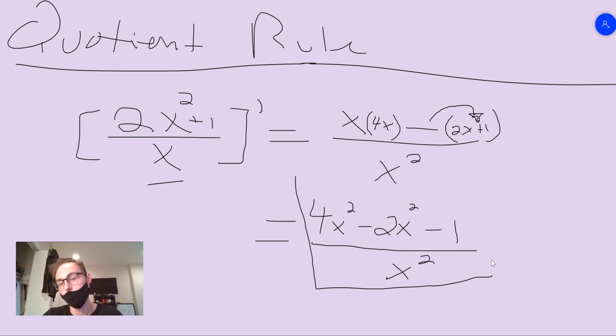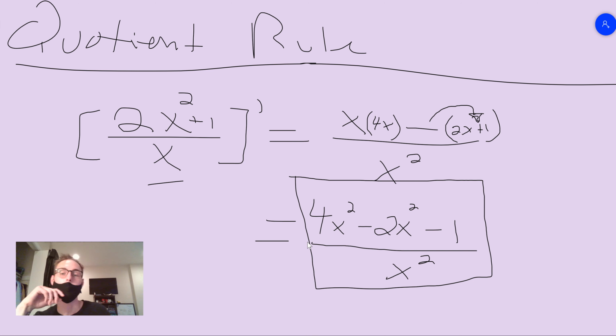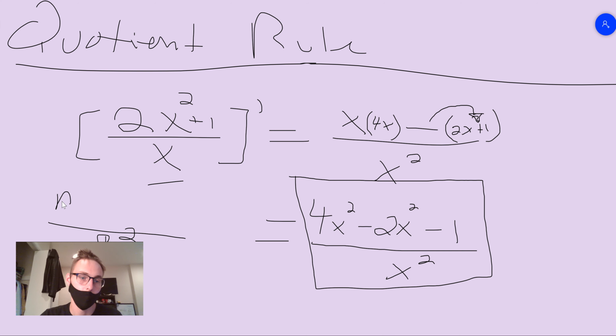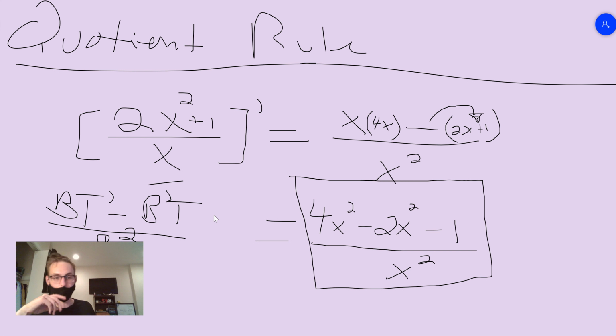This is your solution: 4x squared minus 2x squared minus 1 over x squared. Bottom squared. Bottom times t prime minus b prime times the top. And that sums up the quotient rule.